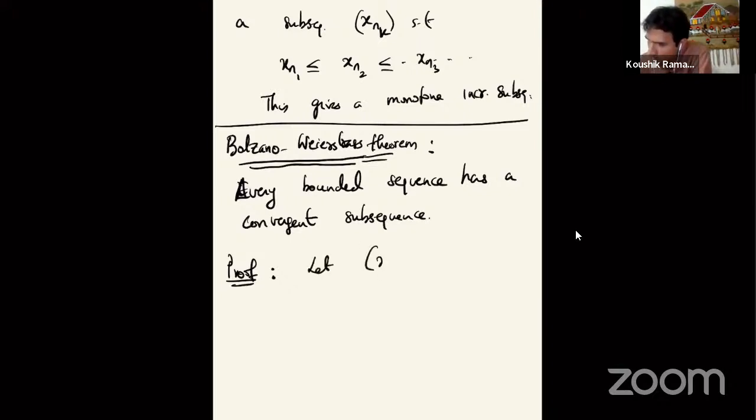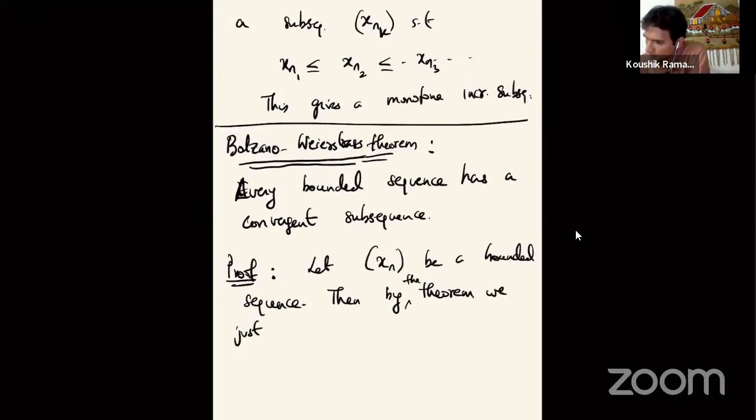So let Xn be a bounded sequence. Then by the theorem that we just proved, Xn has a monotone subsequence, let's say Xnj.